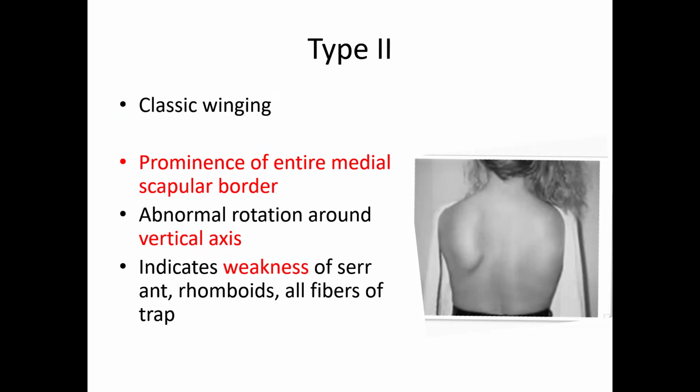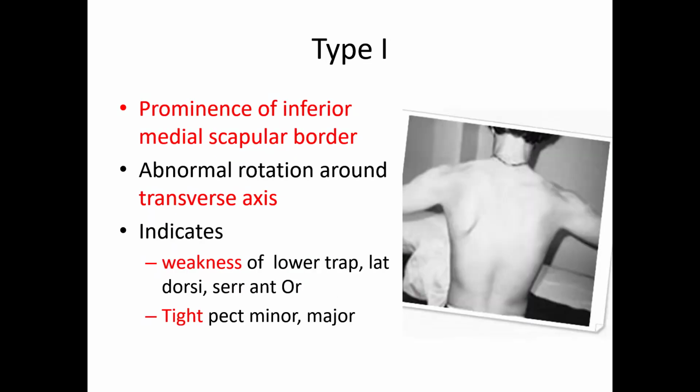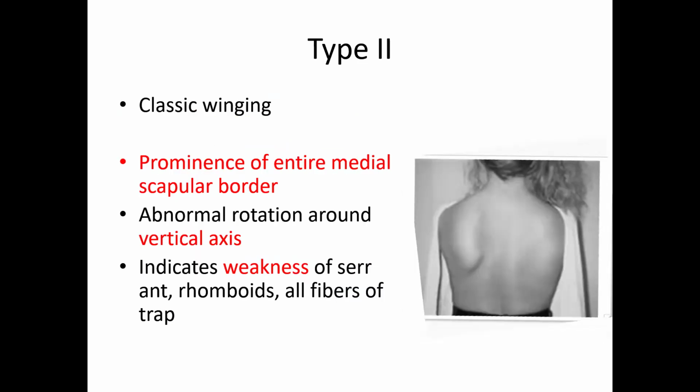In the previous type 1, the serratus anterior is also involved, but the weakness of the lower trapezius and latissimus dorsi can also be an etiological factor for type 1. But in type 2, mostly serratus anterior weakness is required.